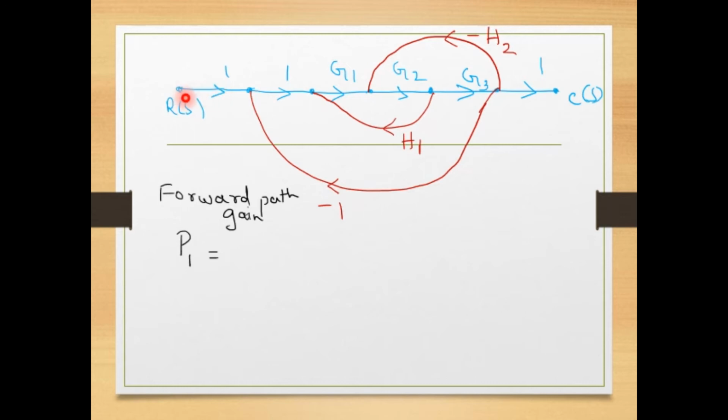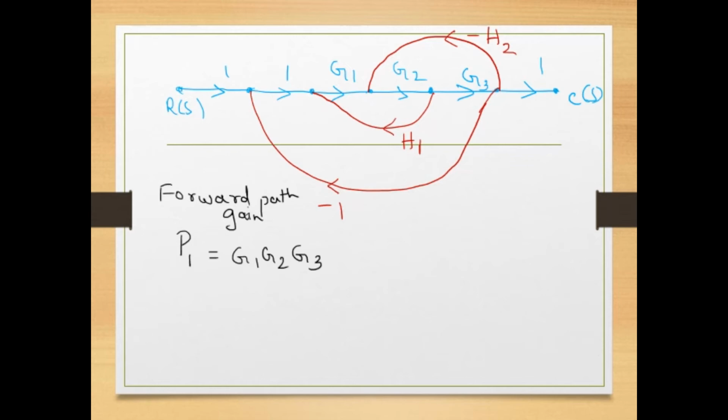You can observe this is the one forward path with the gain 1 into G1 into G2 into G3 into 1. So the overall forward path gain I can write as G1, G2, G3. I represent it by P1.